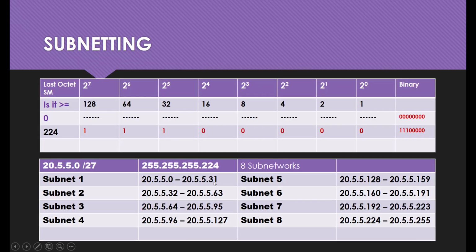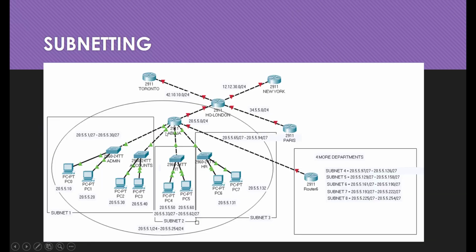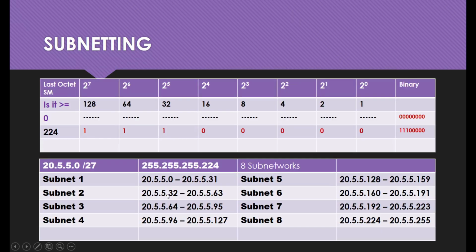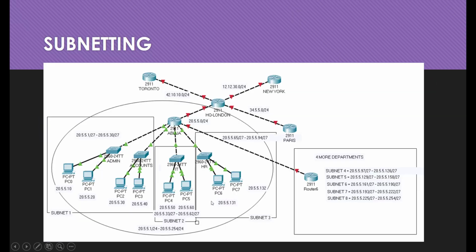Remember, the .31 is the broadcast address and .0 is the network address. And the second one we have is .33 to .62, because .32 is the network address and .63 is the broadcast address.